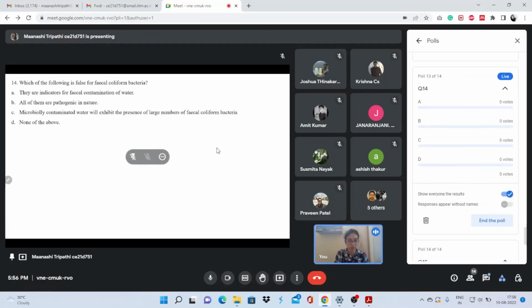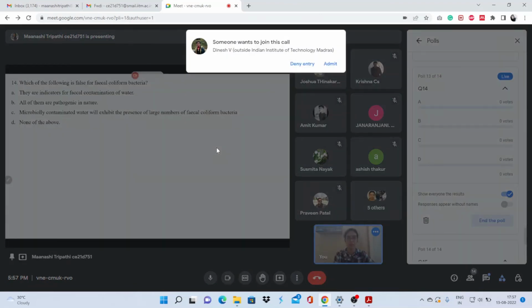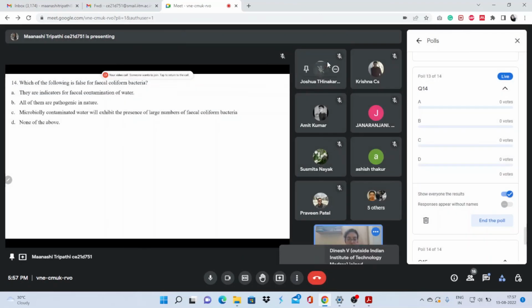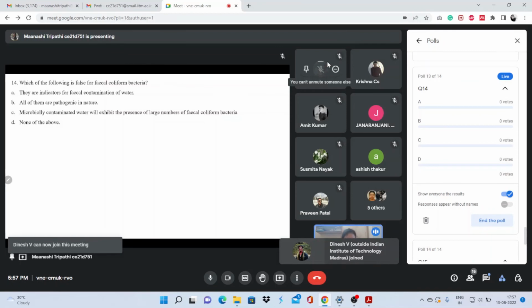Which of the following is false for fecal coliform bacteria? As I told you at the very beginning, there are three kinds of water quality parameters: physical, chemical, and biological. Biological parameters are more important because they are directly related to the disease and illness that can be caused in humans, animals, and plants.